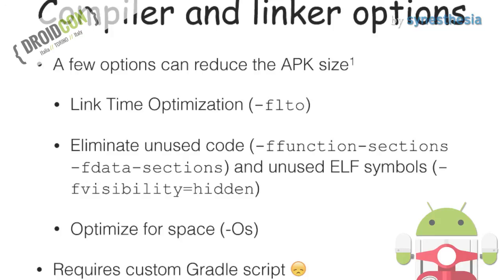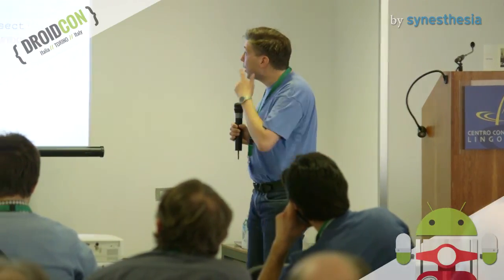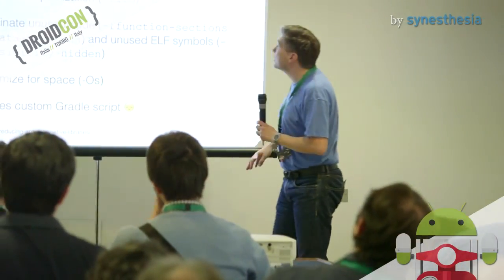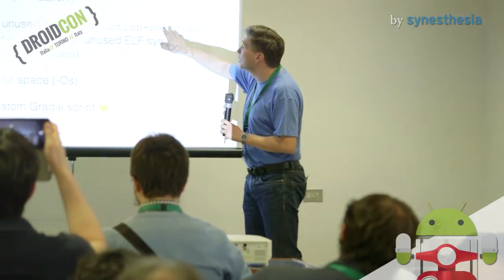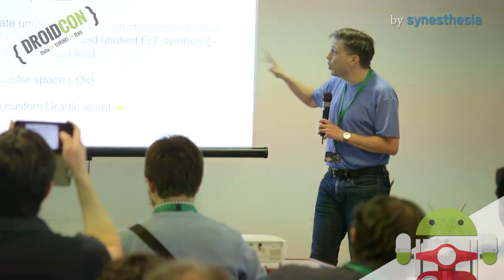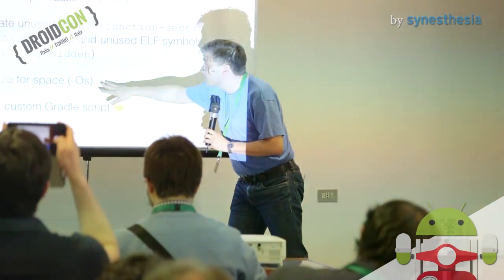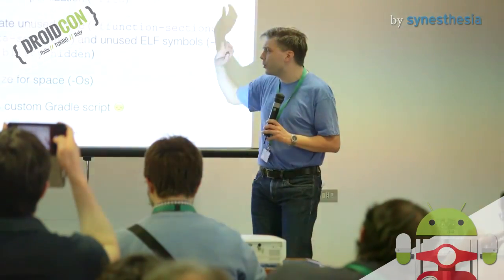If you just use the normal NDK section in your Gradle, the library, the .so files at the end of the compilation are really big. And you want to reduce the size, so you really want to use link time optimizations, and you want to eliminate unused code, and you want to optimize for speed, or for space, and all these kinds of things.